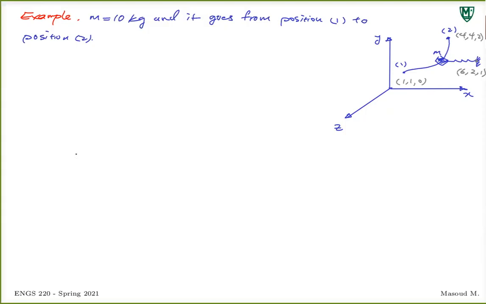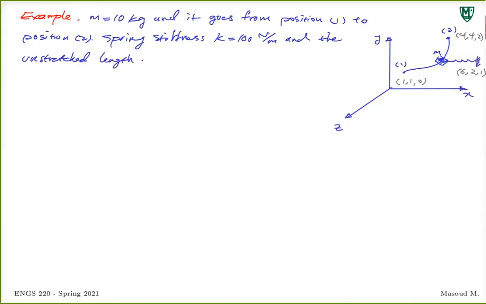The spring stiffness K is equal to 100 newton per meter, and the unstretched length of the spring is 2 meters.